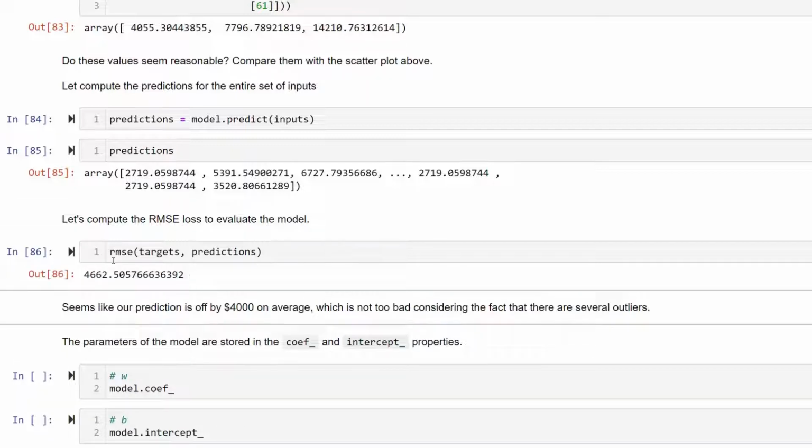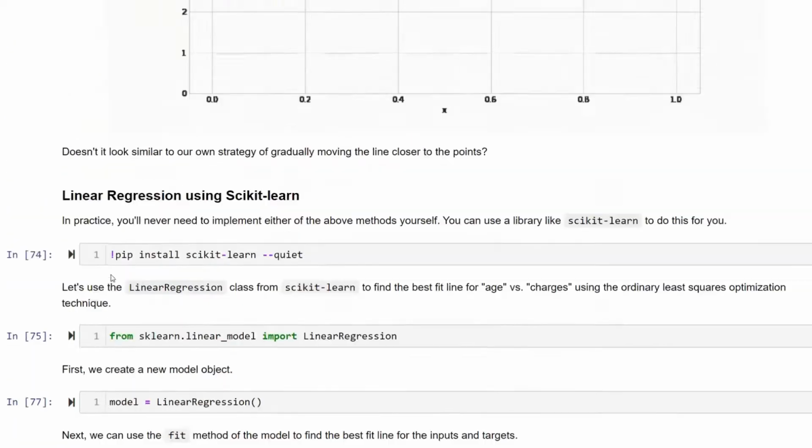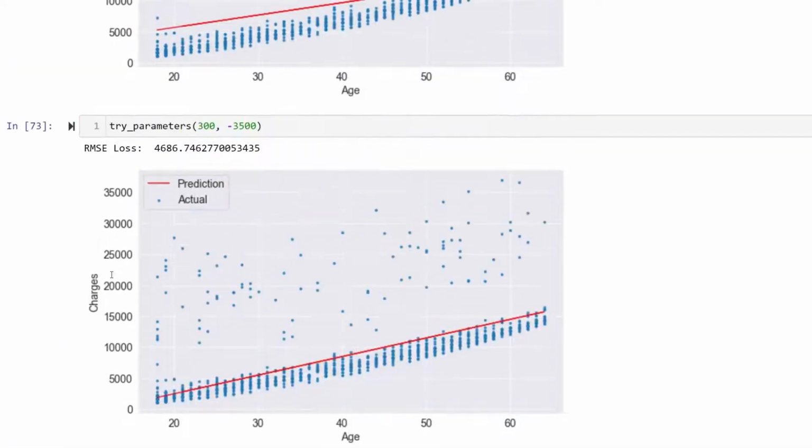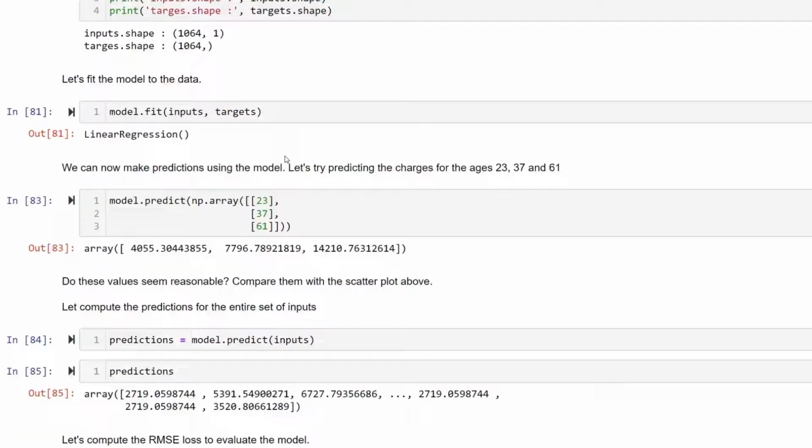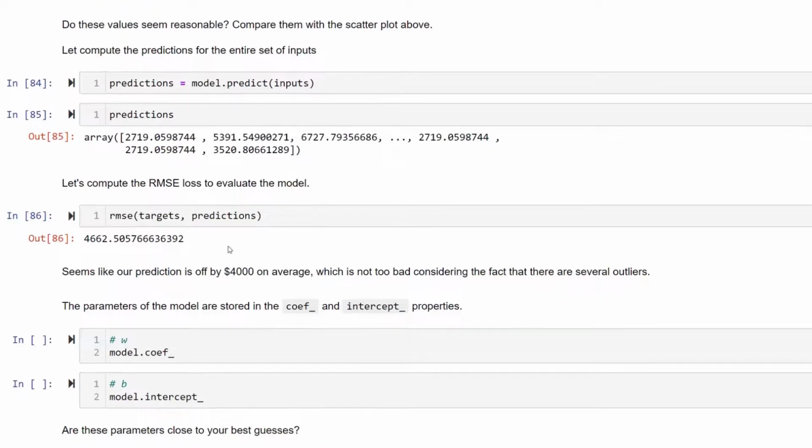The root mean square error that model gave me will be 4662, and we actually got a root mean square error of 4686 for our implementation, where we tried different parameter values of W and B. So it was predicted as 4662, which is better than ours. It seems the prediction is off by 4000 on average, which is not too bad considering the fact that there are several outliers.